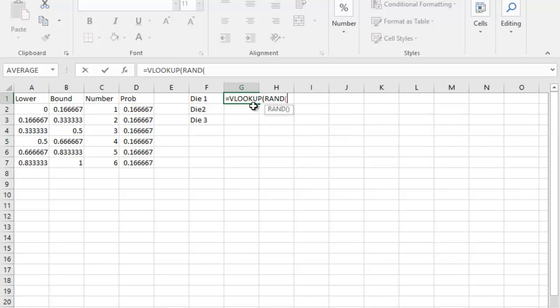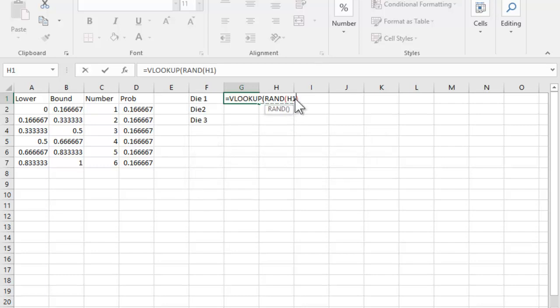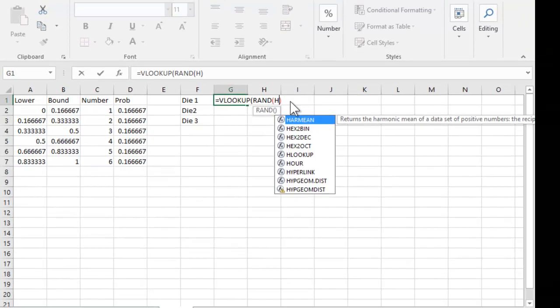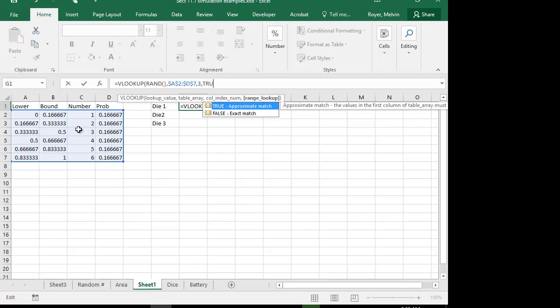Look up a random number in this table with absolute addresses, go into column 1, 2, 3 to pick off the actual number and make it be true that you round down or use approximate values.